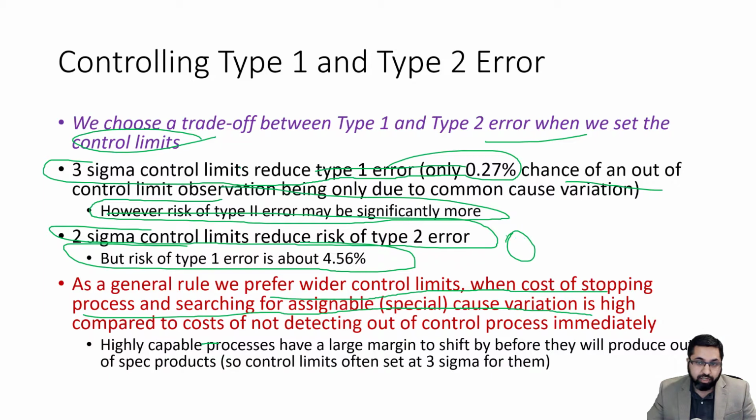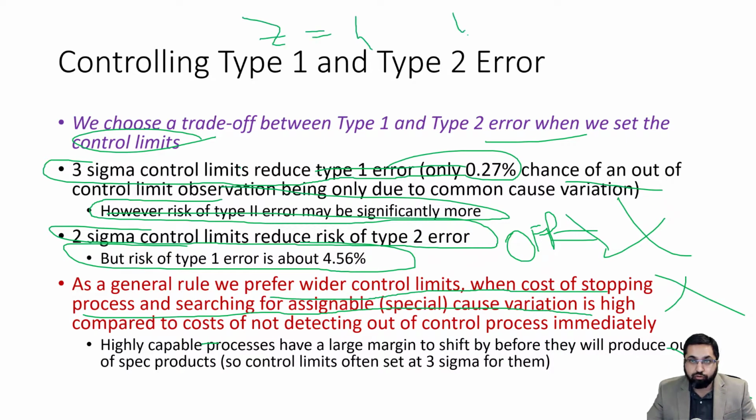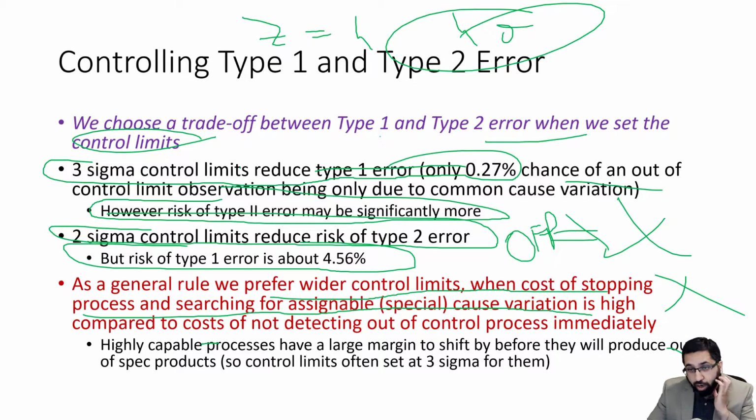You don't want false positives, to be stopping your factory again and again for no good reason, right? Because you investigate and you find no issue. So you want to have a large value of z. Maybe you're going to go for z equals 4 sigma control charts, so that when you do stop, it's almost always there was a problem. You don't have false positives.